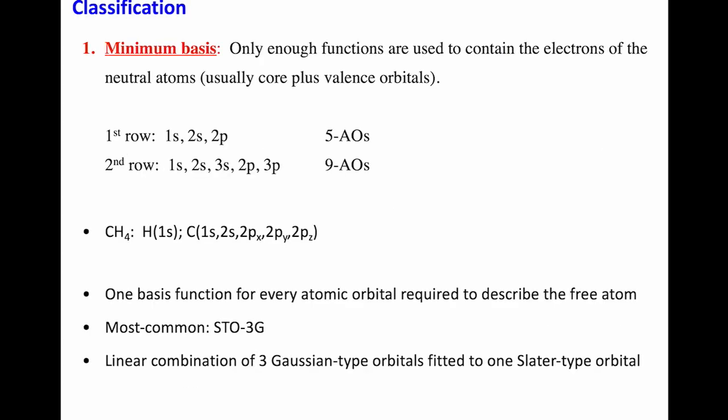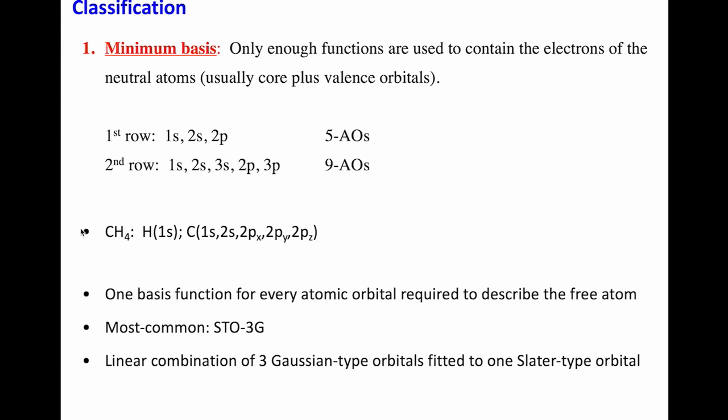Then there are various types of basis sets. One is the minimum basis set. Here only enough functions are used to contain the electrons of the neutral atoms. For example, for the first row we consider 1s, 2s, 2p, which gives 5 atomic orbitals. If we consider the second row, 1s, 2s, 3s, 2p and 3p, there are 9 atomic orbitals.